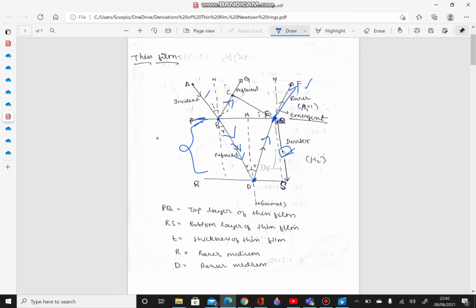So what's this phenomenon here? Here we have from one incident light ray, that is from one input, two outputs, that is, one reflected light ray which is directly reflected after the immediate incidence, and the emergent light ray which comes out of the thin film after going through refraction.